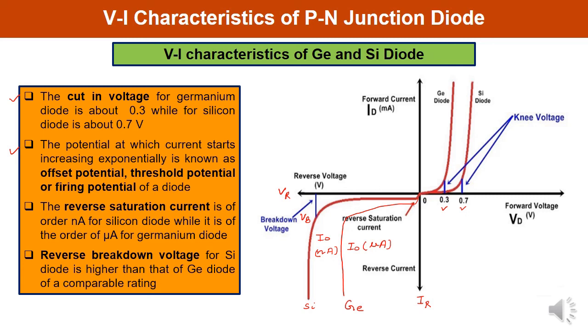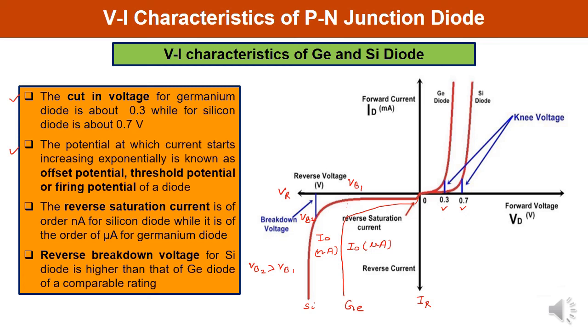And the breakdown voltage of silicon diode is higher than the germanium diode. You can see for germanium the breakdown voltage is, let us say, VB1, and for silicon it is VB2. So VB2 is greater than VB1. It means the breakdown voltage of silicon is higher than germanium.